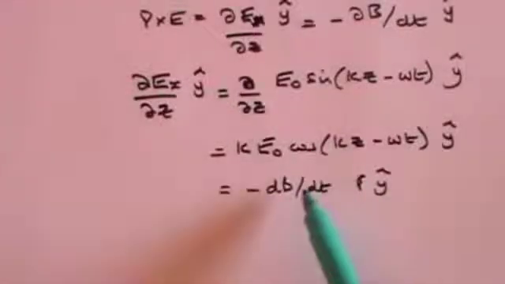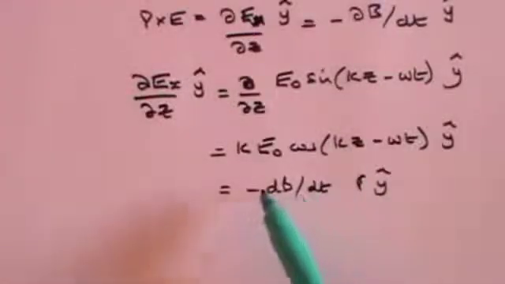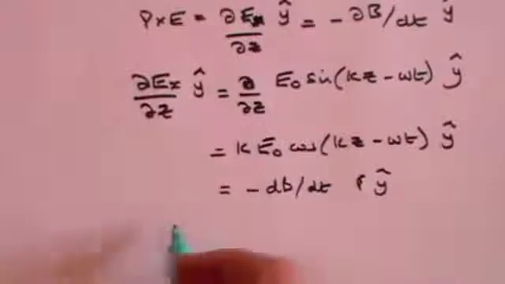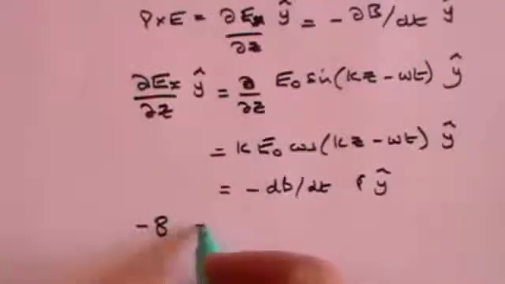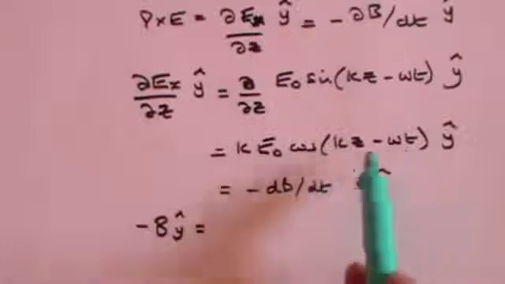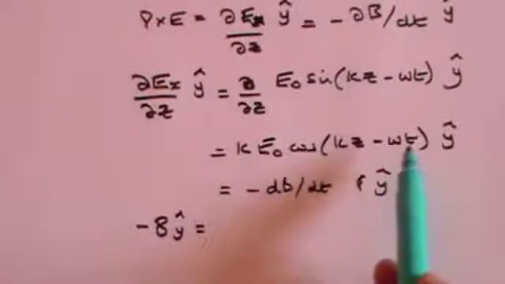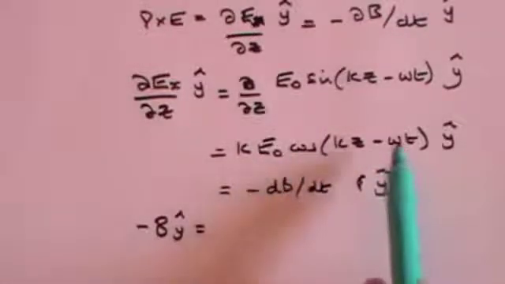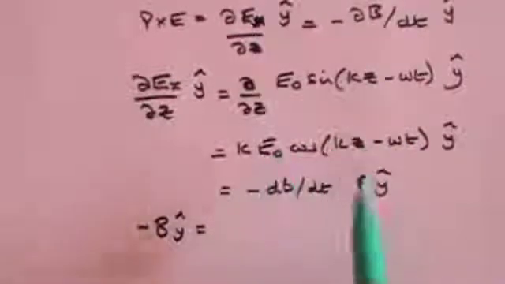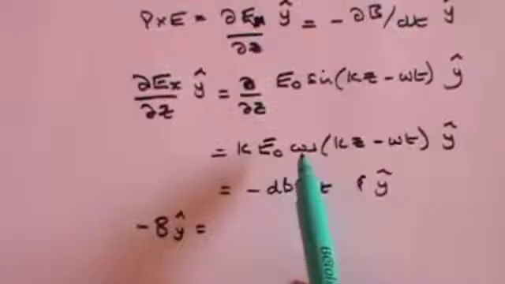Now if we integrate both sides with respect to time, integrating dB by dt with respect to time, you're obviously going to get minus B in the y direction. Let's always remember that is equal to the integral of this term with respect to time. Well, if you integrate with respect to time, you bring a minus 1 over omega outside and you change the cosine to sine.